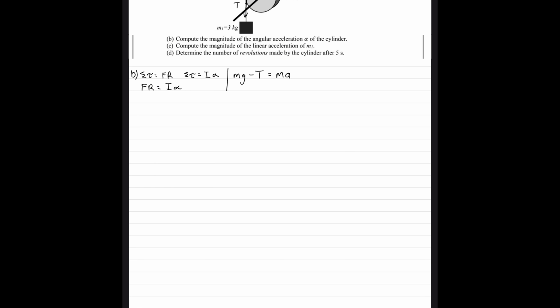So I'll isolate for T. So T is equal to mg minus ma. Right.